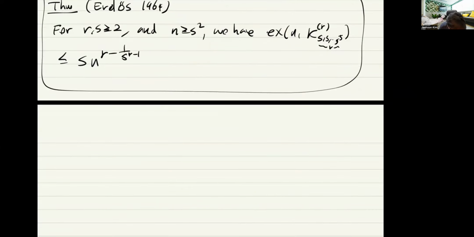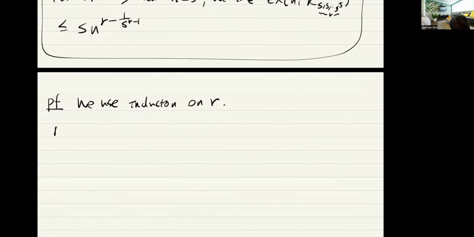Okay, so let's prove this. We use induction on r. The base case, r equals 2, we already know.